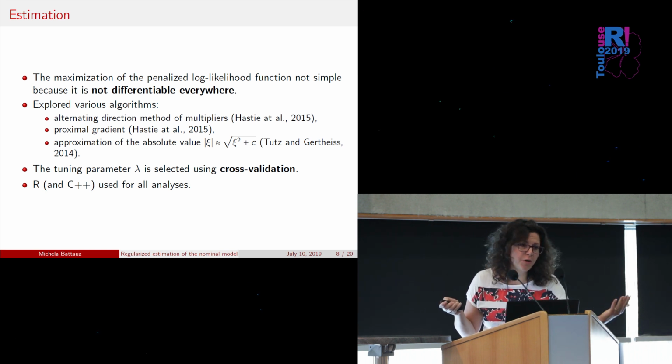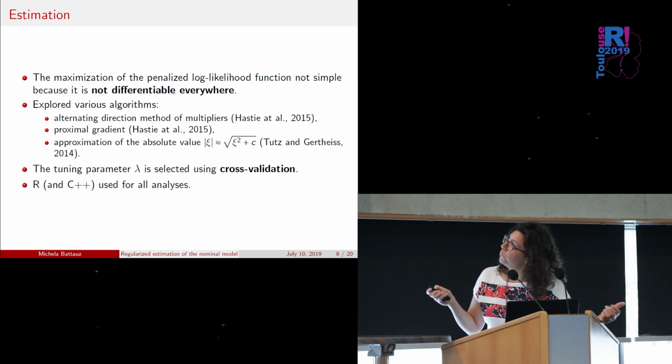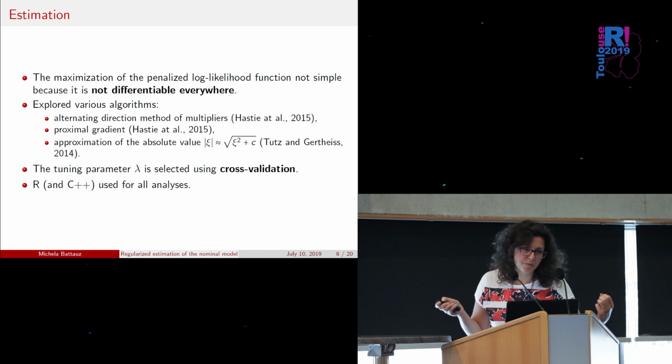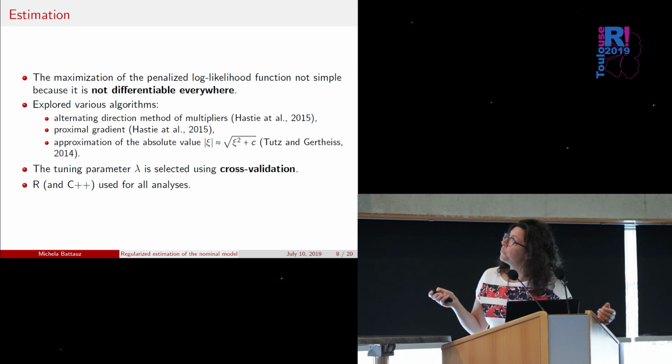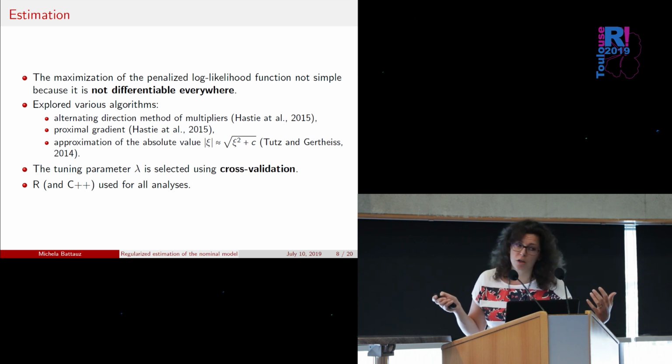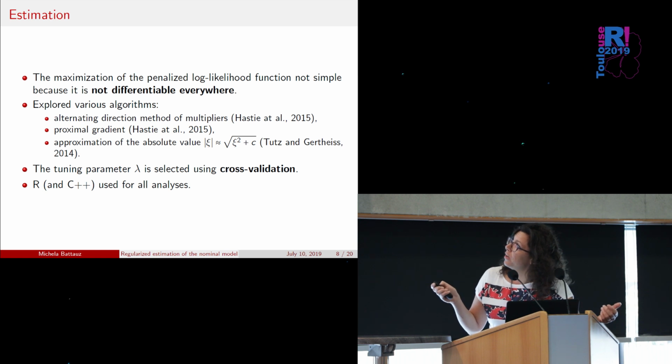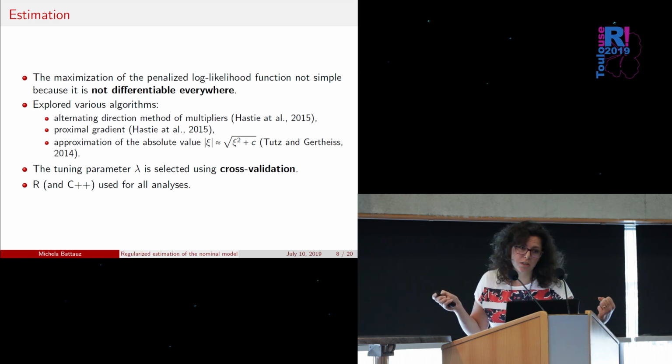I explored various algorithms already proposed in the literature to handle this kind of problem. And the one that worked better, at least for this case, is the approximation of the absolute value with a differentiable function, which is given by these expressions, with a quadratic function, where C is a very, very small value.